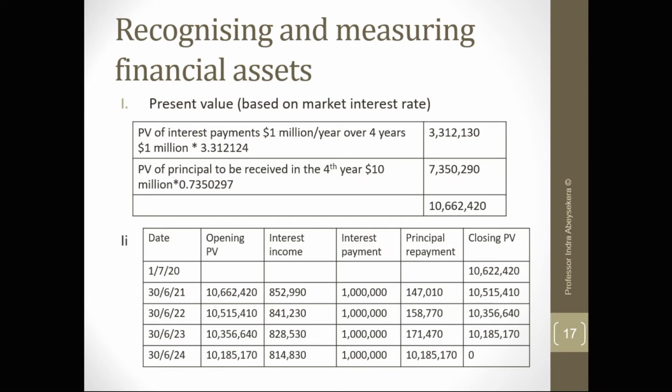But that 10,185,170 is the final amount that will be received. That includes the 10 million plus the additional 185,170. That amount is the additional cash that should have been received in the fourth year. So the closing present value becomes 0. That means the bond is now settled.